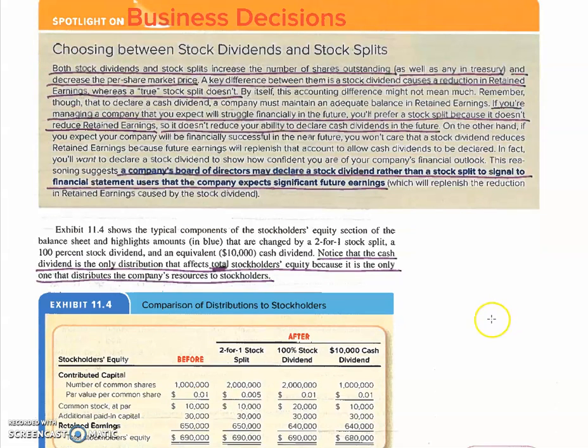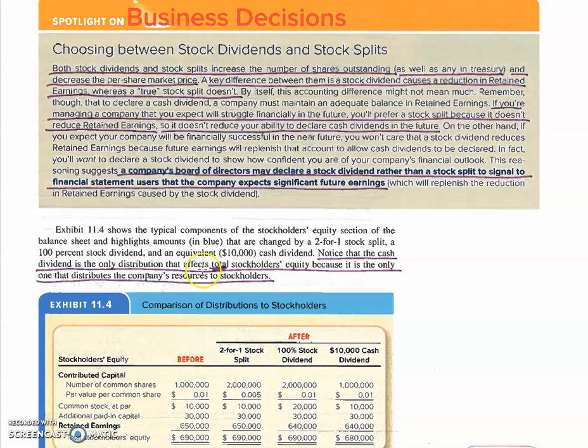Okay. And choosing between a stock dividend and a stock split really has more to do with, do you want to reduce retained earnings or not? And they make the point here that total stockholders' equity is not affected by either one.